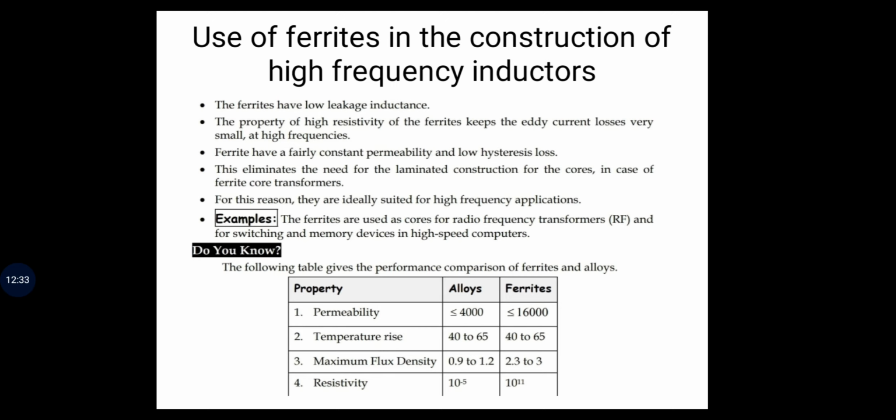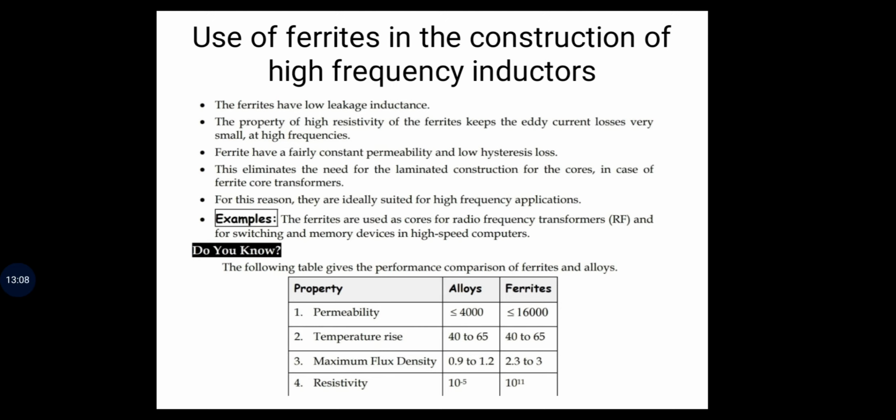The property of high resistivity of the ferrites keeps the eddy current losses very small at high frequencies. So when we use the ferrites, eddy current losses are reduced in the inductors.